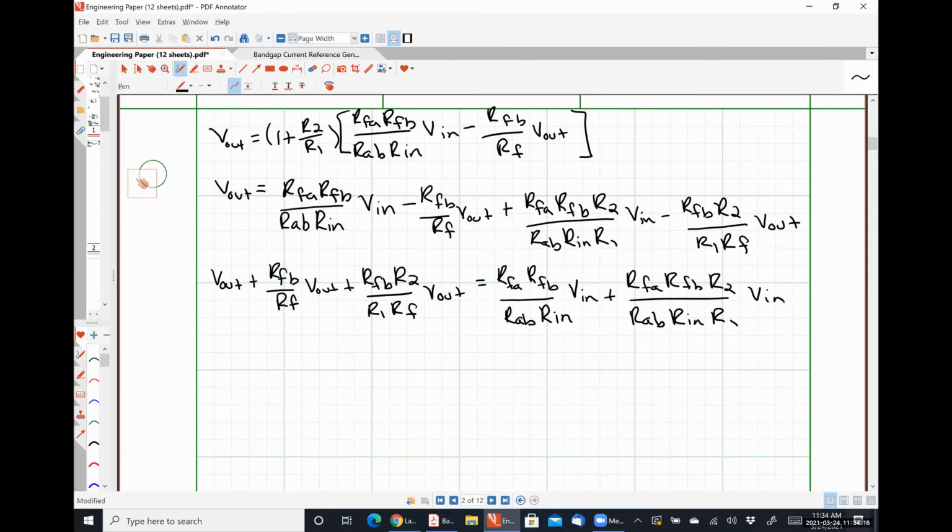So we have a common term of V out on our left side, right? So we're going to factor out a V out of all those terms. Same thing on the right side, we have a common term of V in, and so we'll factor out a V in.